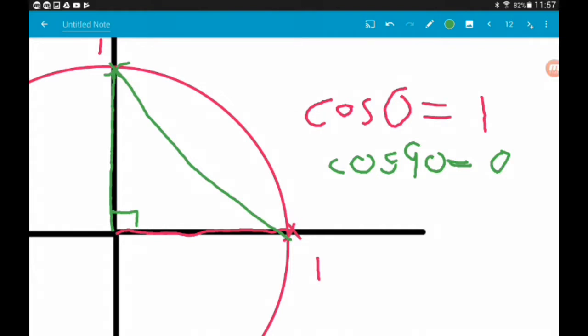Our point is directly above the origin. So sine of 90 was equal to 1 because our point is 1 above the origin, but cos of 90 is 0 because our point is directly above the origin.